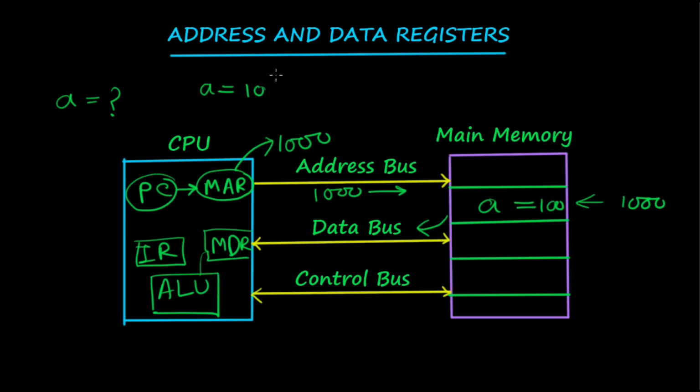After some arithmetic operation you have got A equal to 10. Now ALU will give this to MDR. If you directly give this to MDR, then how will the main memory know where to keep that value 10? Because I need to have the address. So MAR was containing 1000 previously.